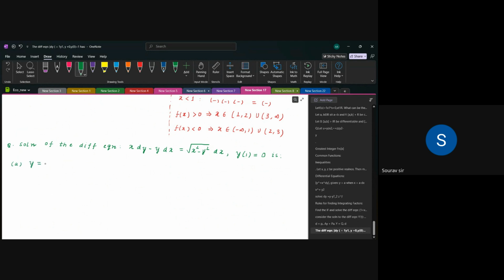Option A, y is equal to x sine of log x. Option B, y is equal to x squared sine of log x. Option C, and option D, none.